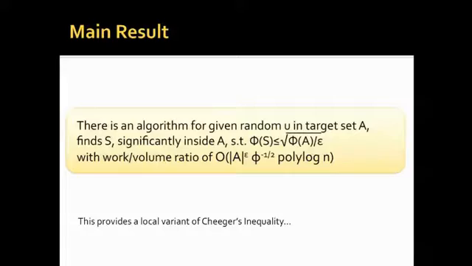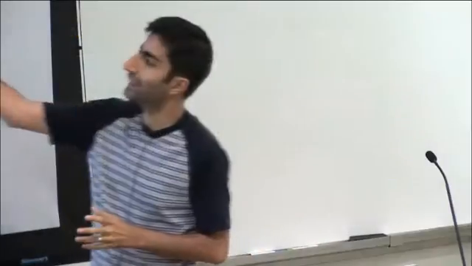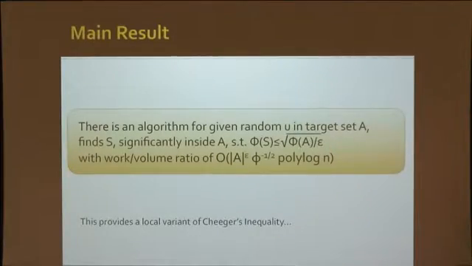So we proved the following. For any target set A, if we are given a random vertex u in A, then we can find a set S such that the expansion of S is at most square root of the expansion of A over epsilon, and the work per volume ratio is at most |A|^epsilon over root phi polylog.